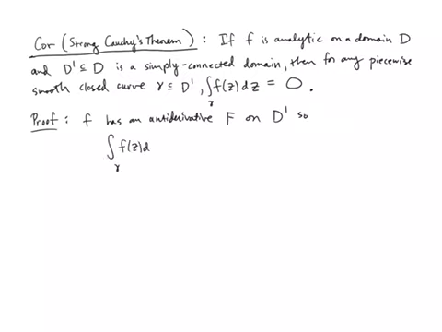that this looks like z minus z naught to the m times a sub m plus a sub m plus 1 times z minus z naught plus a sub m plus 2 times z minus z naught squared plus etc. Okay.